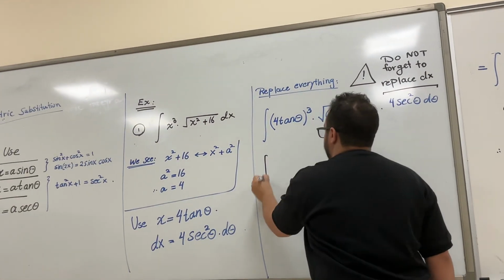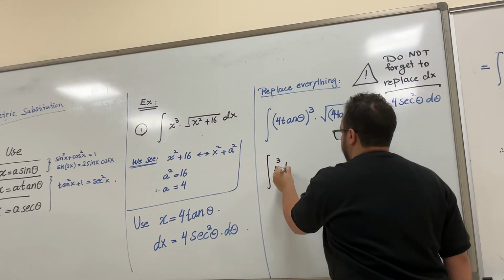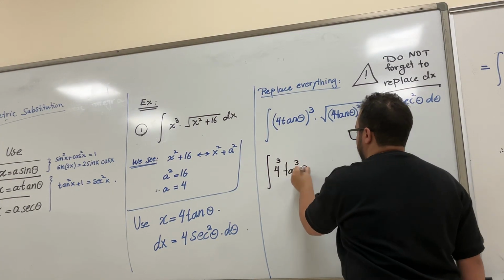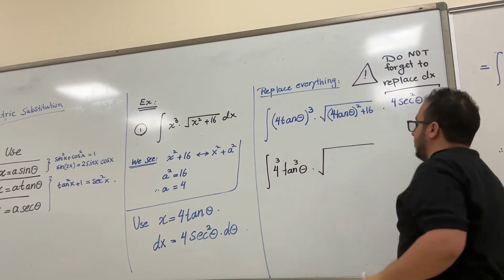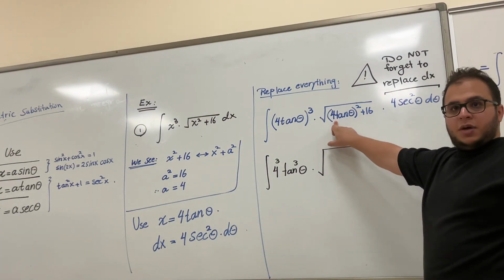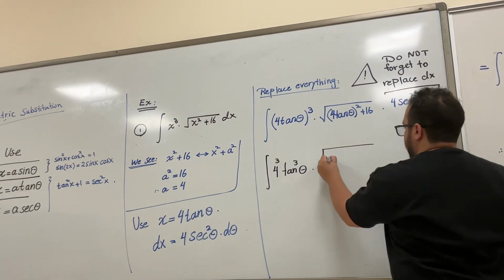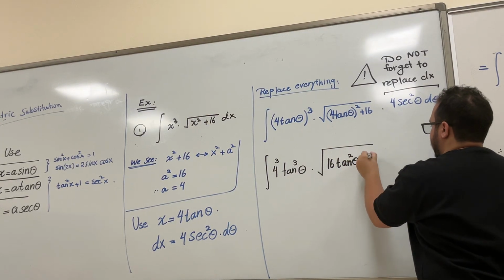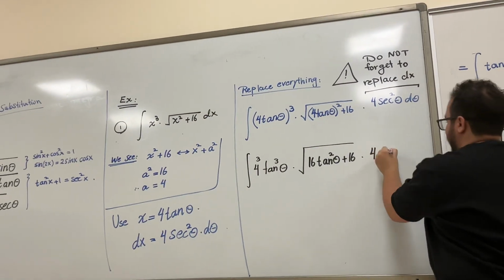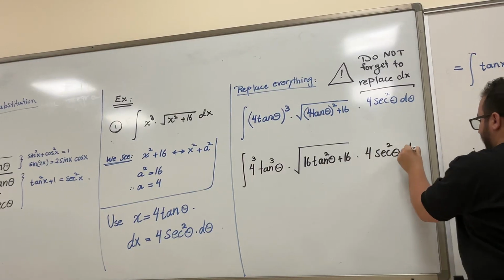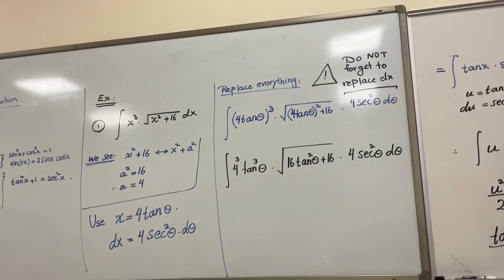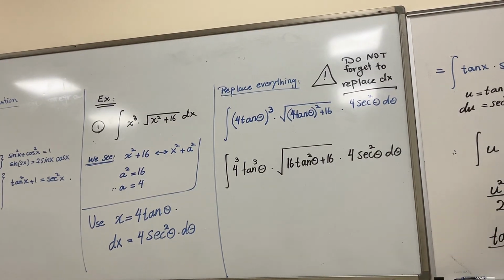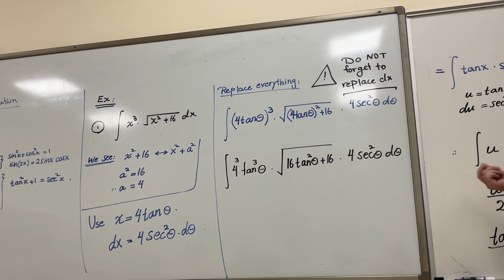What do I have? Integration 4 cubed tan cubed theta multiplied by the root of 4 squared, which is 16 tan squared, right? Then what can I do here? I can put the 16 out.